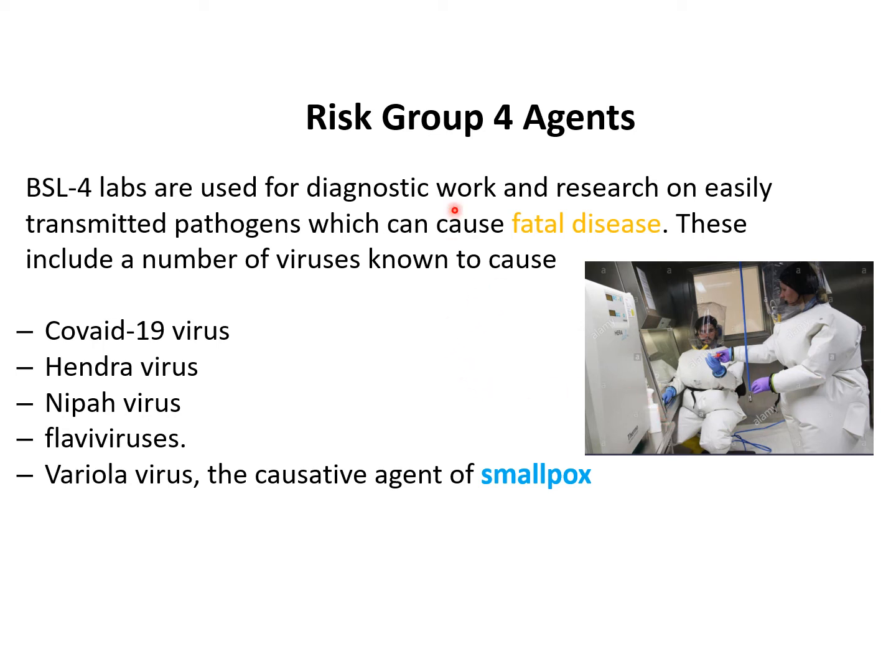The pathogens that fall under BSL-4 are, for example, COVID-19, Hendra virus, Nipah virus, flaviviruses, and variola virus. Variola virus is the causal agent of smallpox. So they are very dangerous and can cause disease, or even most of the time cause death to the persons who are working if they get infected.